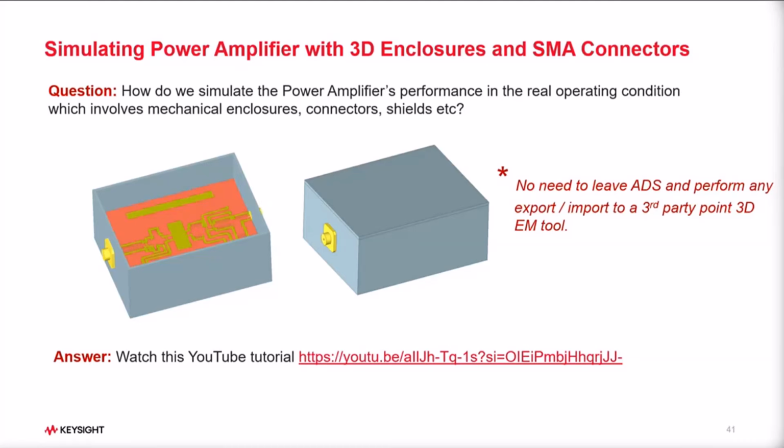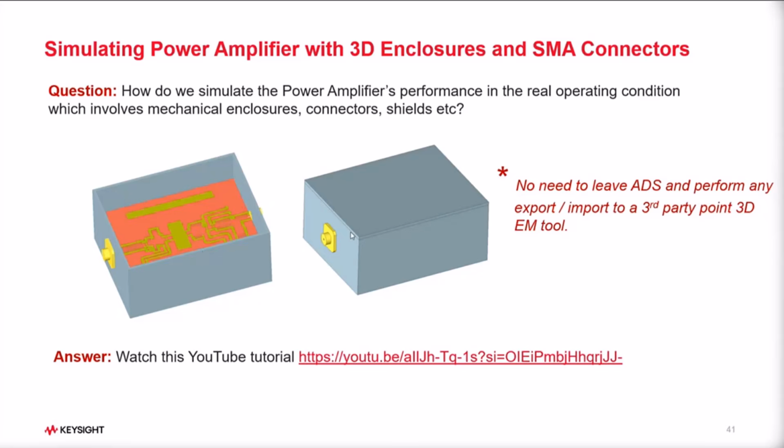And by being in ADS, you will reap all the advantages of the closed loop simulations that you can do. So you can do schematic layout, this kind of assembly. You can import these 3D enclosures from your mechanical CAD tool. If you're using things like ANSYS HFSS, you can get these kind of geometries from HFSS into ADS.